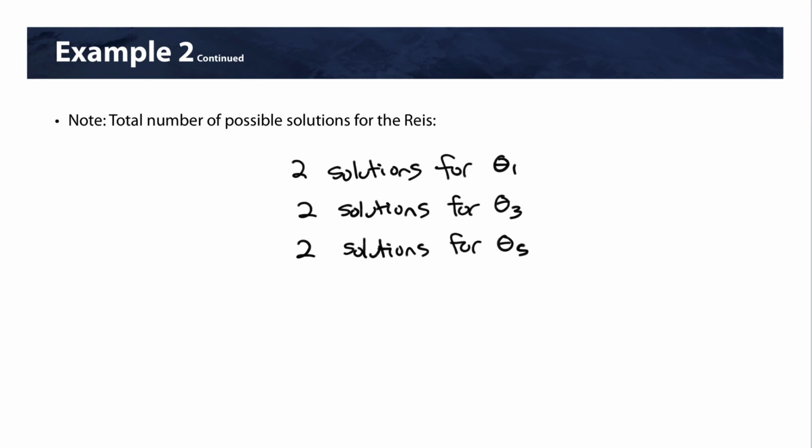What this means is for each theta 1, there are two possibilities for theta 3, and for each of those theta 3, there are two possibilities for theta 5. To figure out how many possible solutions we have, you have to multiply this all out. This means for some poses of our end effector, there could be up to 8 solutions to the inverse displacement problem for that serial layout.